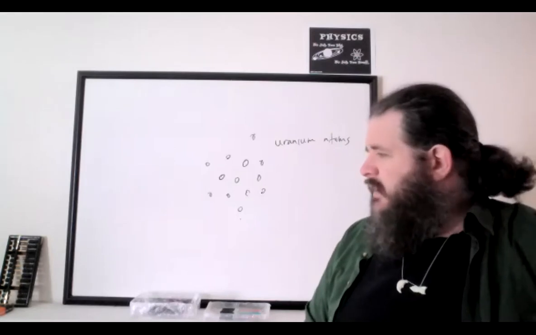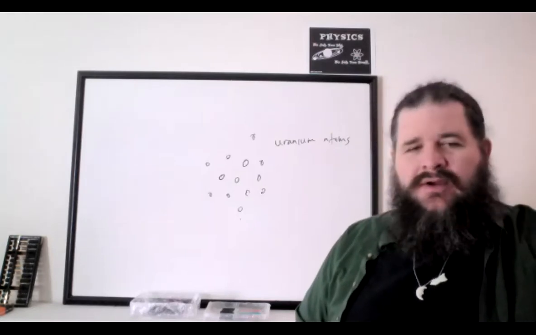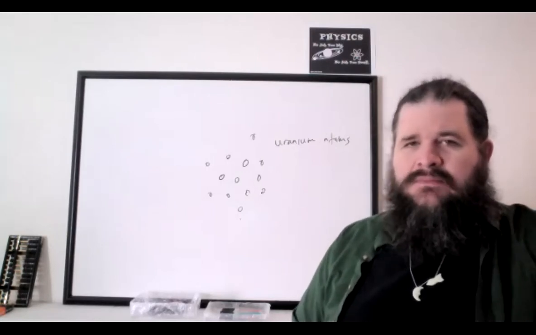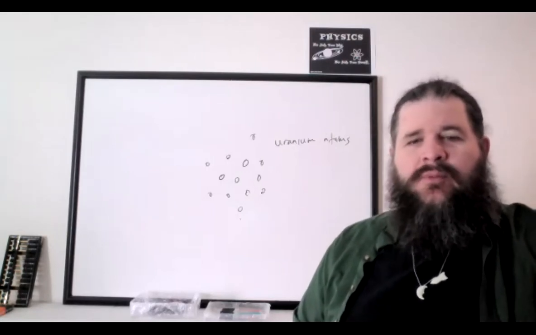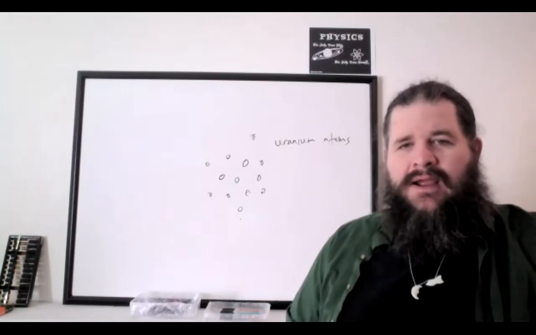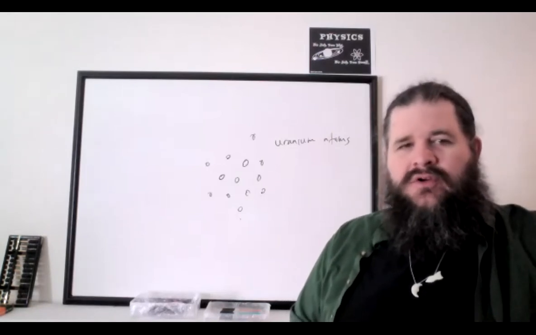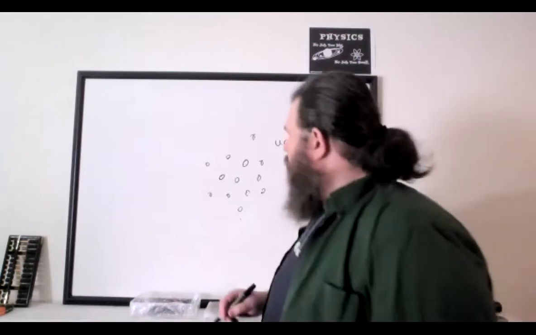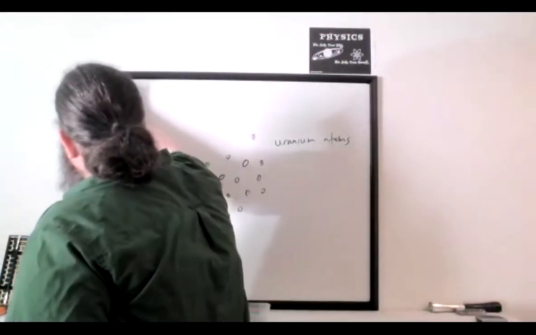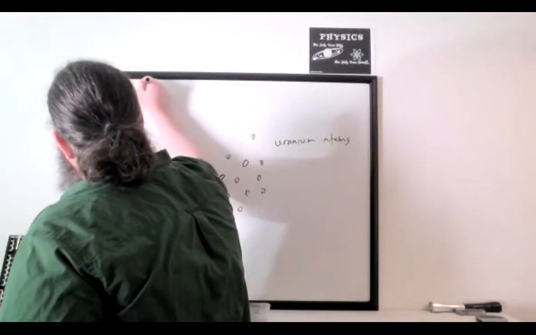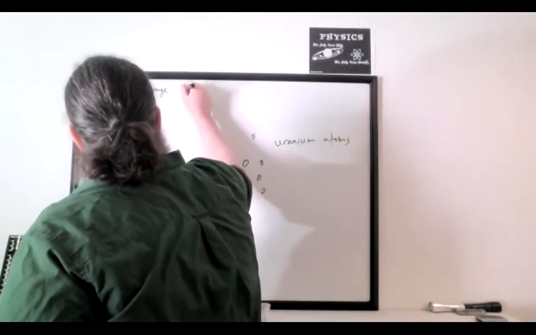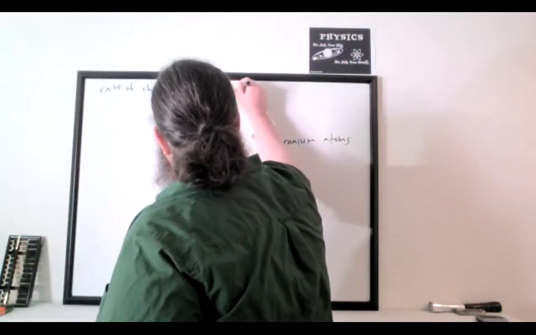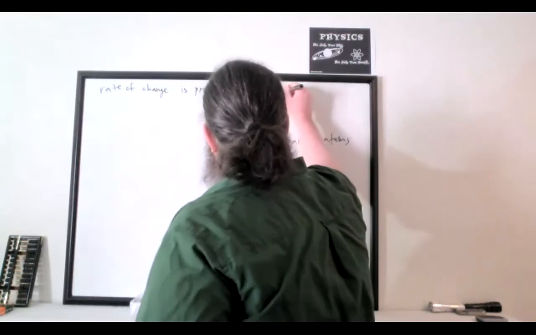So the result here, the big stepping stone here, is that the rate of change, how many atoms decay over a period of time, is proportional to how many atoms there are right now. Specifically, over a certain period of time, half of what you have right now will decay. But they're proportional. The rate of change is proportional to the amount now.